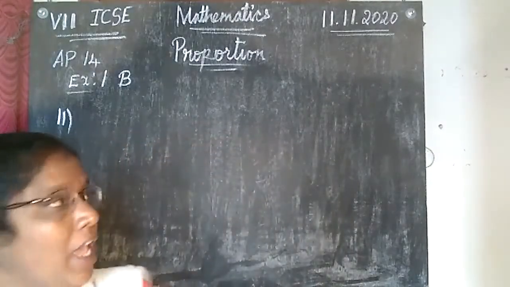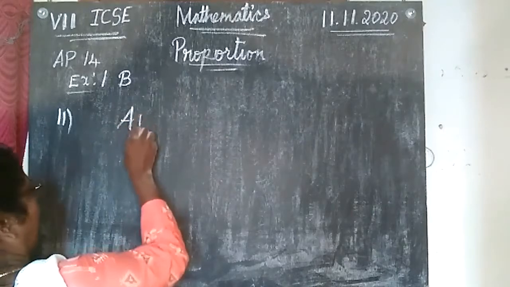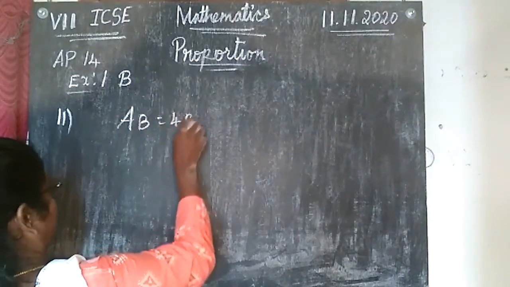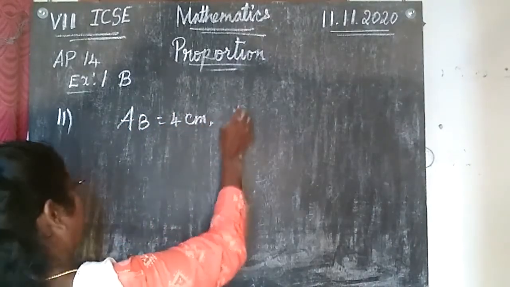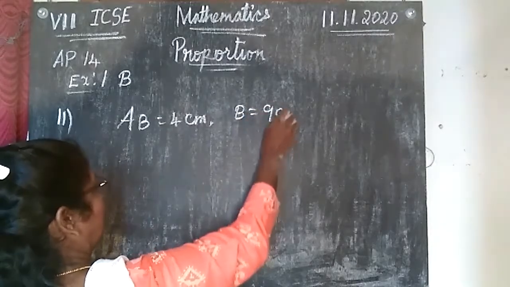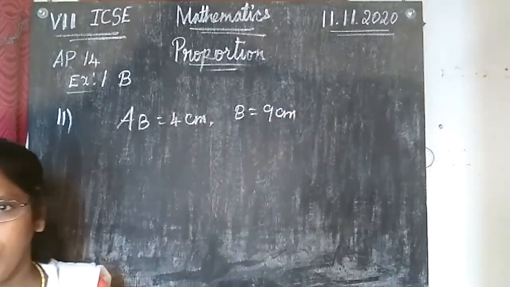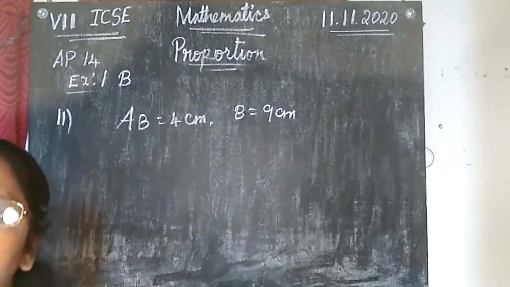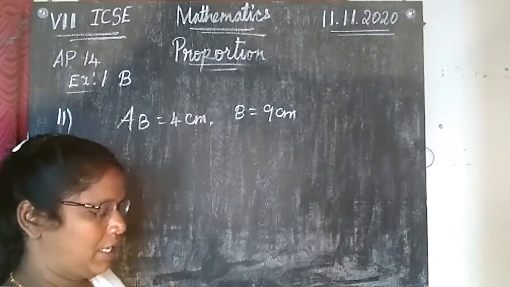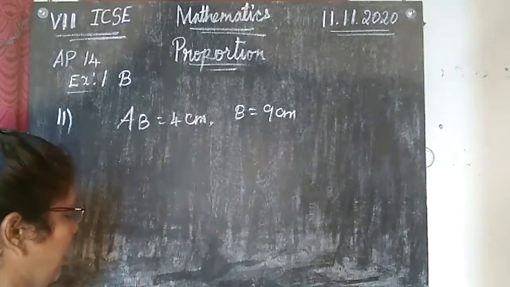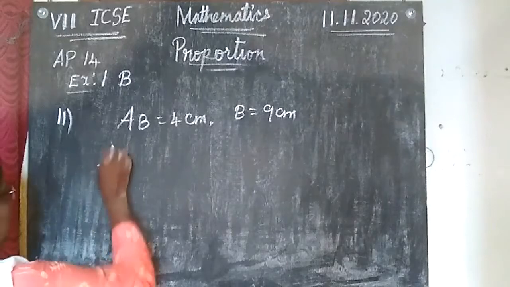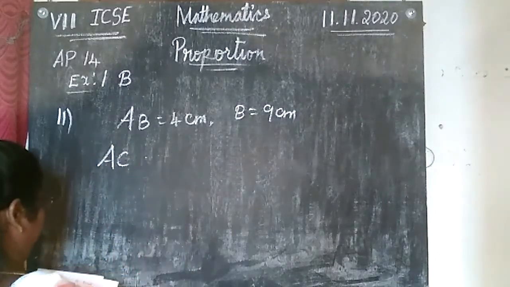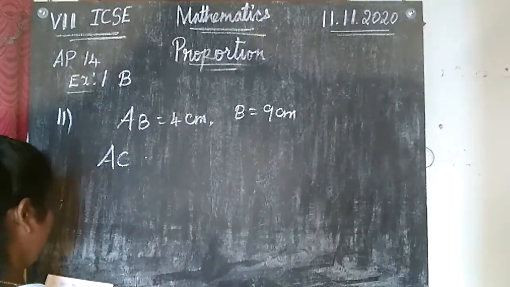In the triangle, AB is equal to 4 centimeter and BC is equal to 9 centimeter. AC is the mean proportional of AB and BC.